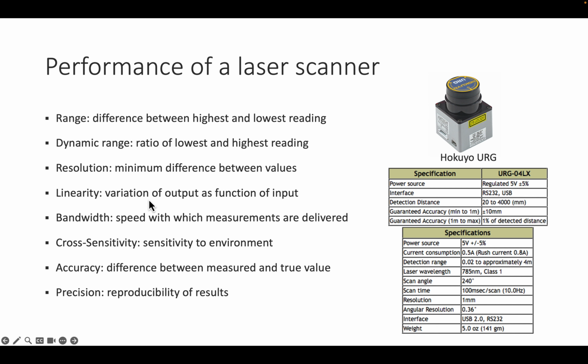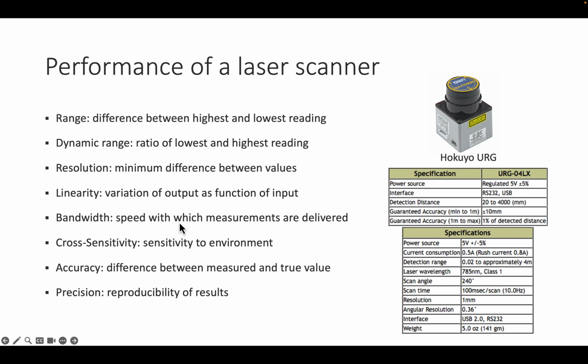The linearity is the variation of the output as a function of the input. In this case, it doesn't say much about this, but it shows you that the accuracy, which we talk about in a second, is plus or minus 10 millimeters up to 1 meter, but then becomes 1% of detected distance. So the accuracy can be much better than 1% as you get closer. So the sensor is somewhat non-linear.